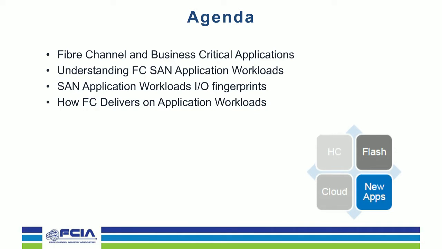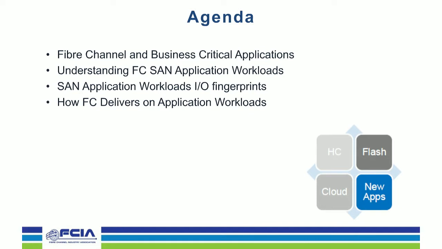I think it's an interesting topic today on Fibre Channel workloads. I think many of us who are familiar with Fibre Channel understand that Fibre Channel as a technology, as a protocol, as an architecture is extremely popular for running business critical applications, be it running on native servers or in virtualized applications.